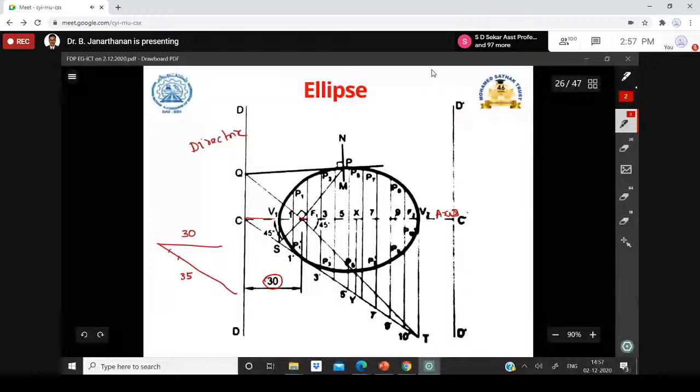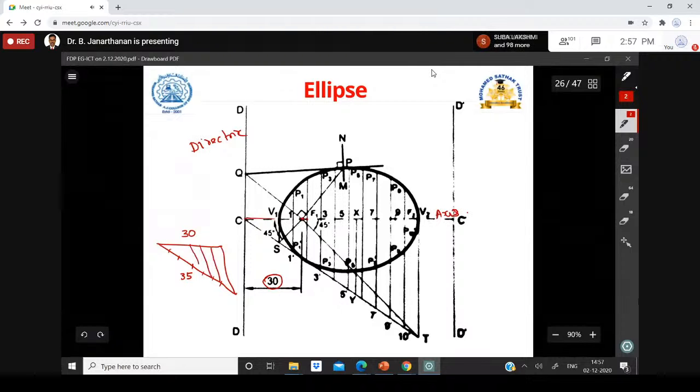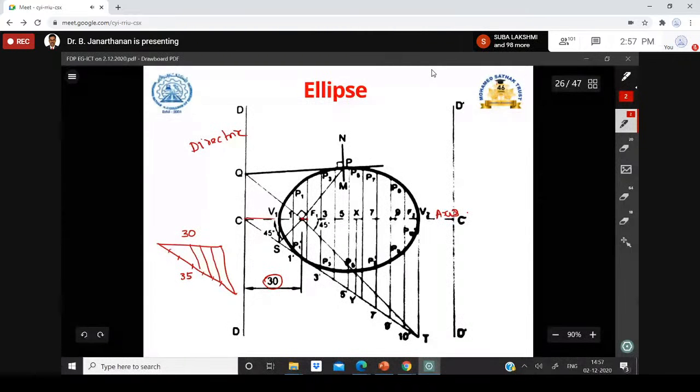So divide this into 7 parts: 1, 2, 3, 4, 5, 6, 7. Now you join this last point with the end of the 30 mm line. Then if you draw lines parallel to this through all the points, the 30 mm is divided into 7 equal parts. 1, 2, 3, 4, 5, 6, 7. This is how you have to divide.